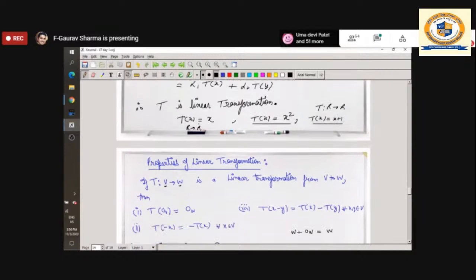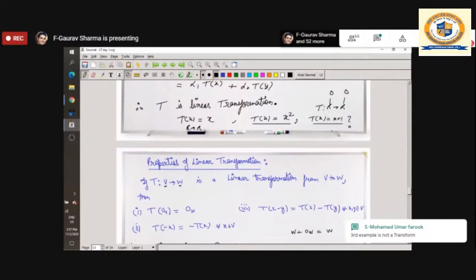So now, Umar, can you see here the 0 vector of R is 0, and the 0 vector of this R is also 0. Can you now tell us whether this is a linear map or not, and why? Why is it not a linear transformation?